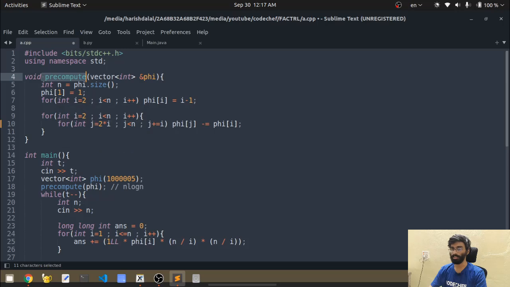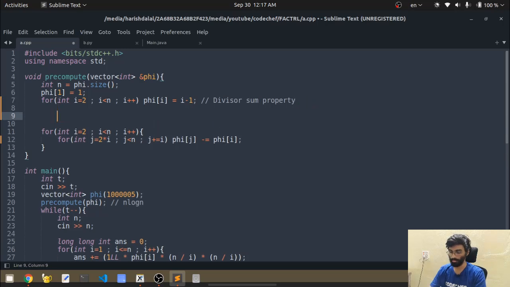So this function is written with the help of the divisor sum property, where phi of 1 plus phi of 2 plus phi of 5 plus phi of 10, these all are the factors of 10, is equal to 10.